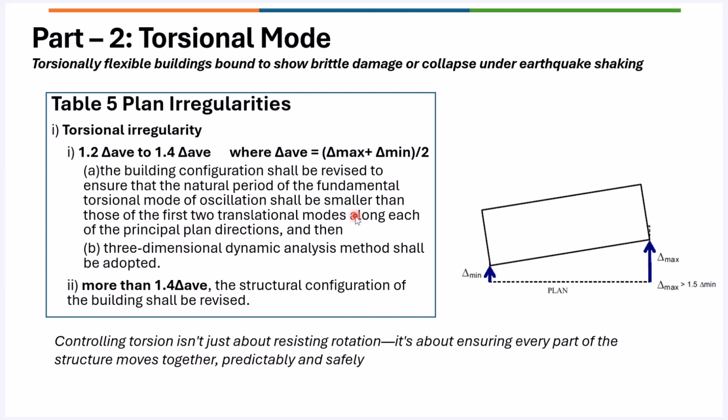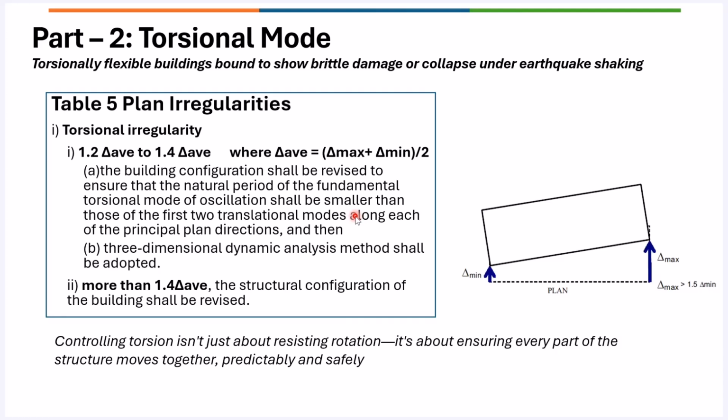So a torsionally flexible building is bound to show brittle damage or collapse under earthquake shaking. It's a known fact from history. So that's the reason we avoid the torsional mode to be dominating in the initial modes.